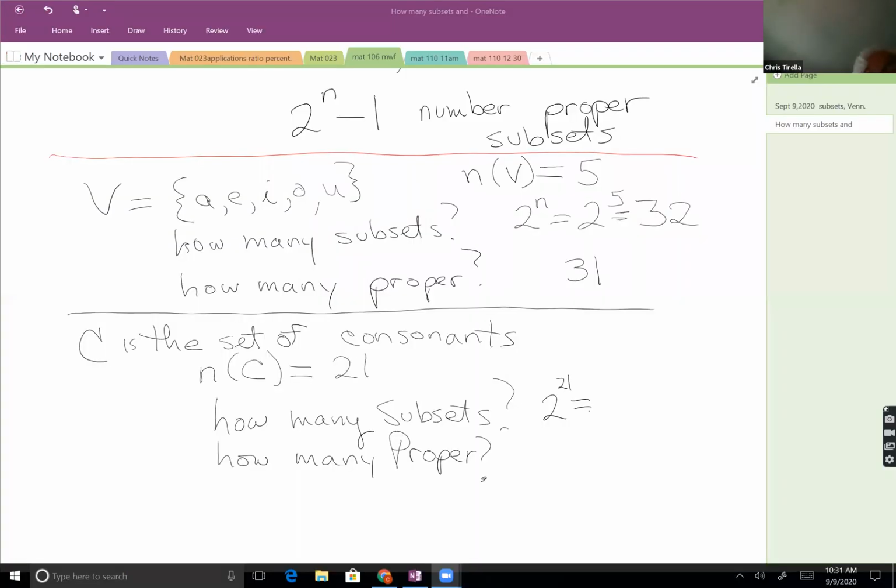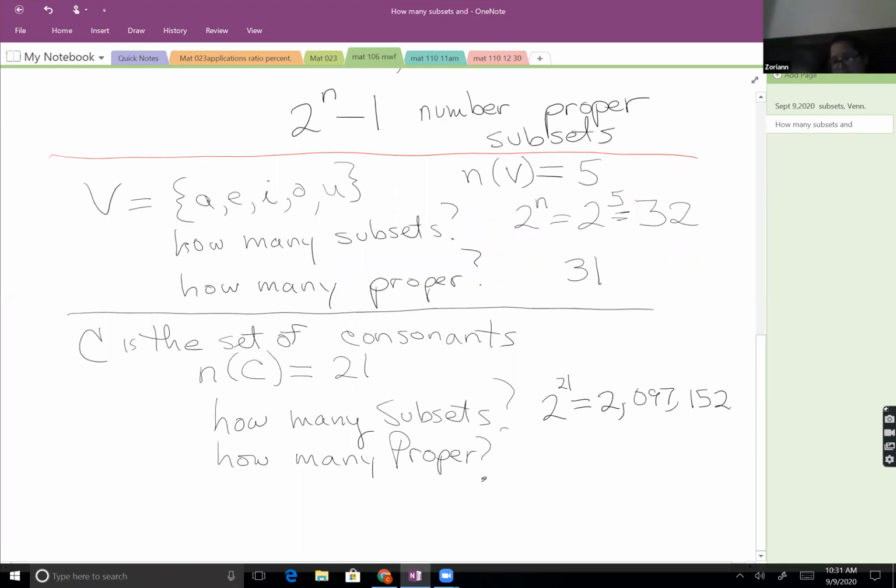I can't read it like this, so I'm going to go back to screen share. 2 to the 21st is 2,097,152 subsets.